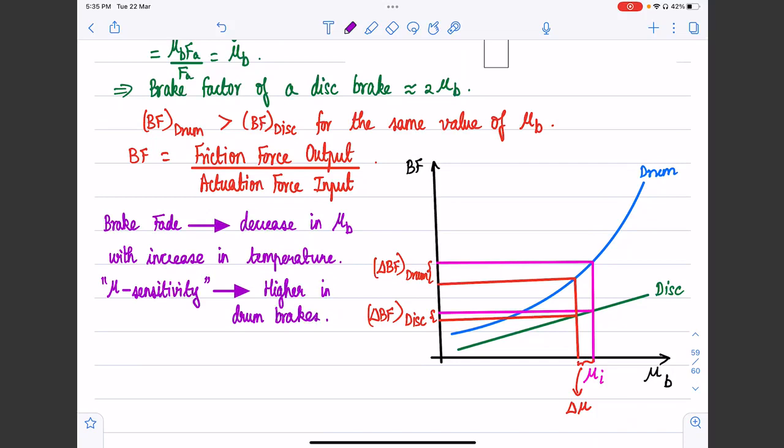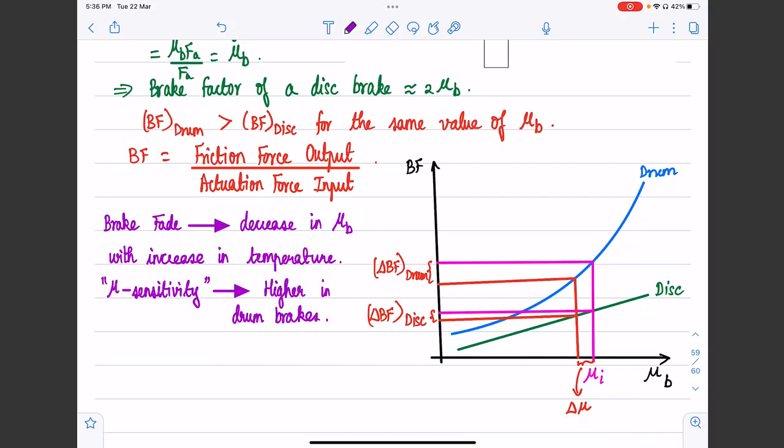If we look at it from another perspective, although a drum brake will give higher brake friction force output for the same actuation force under similar design conditions, when the brakes get hot, or for whatever reason the value of the brake friction lining drops, the performance of the drum brake is going to deteriorate to a larger extent when compared to a disc brake.